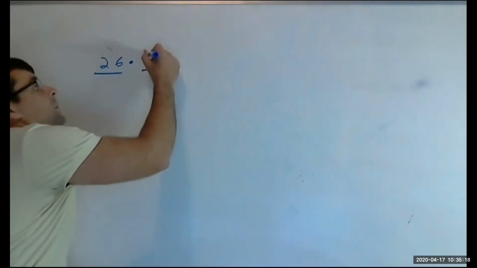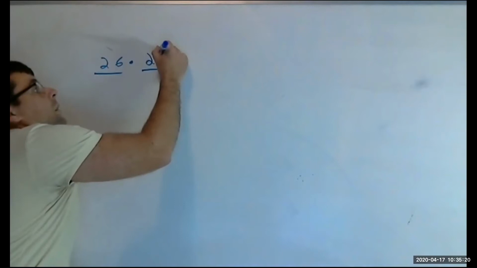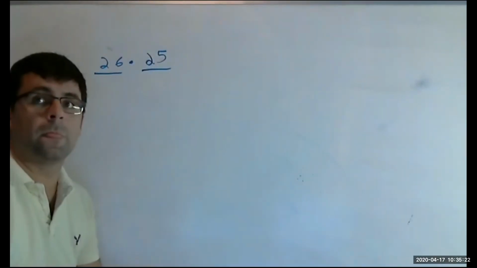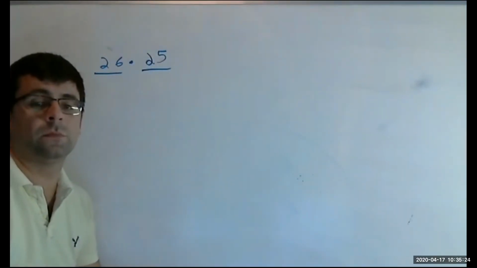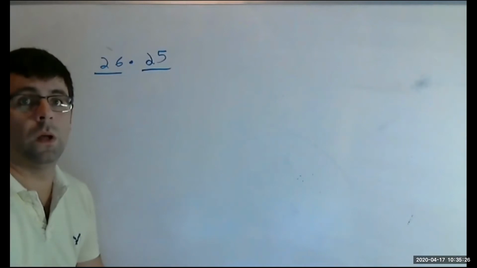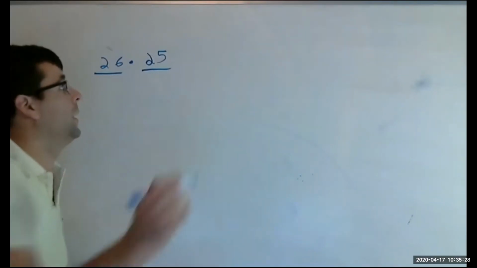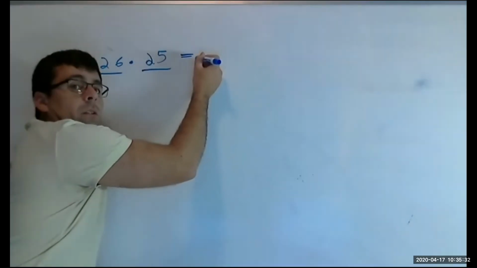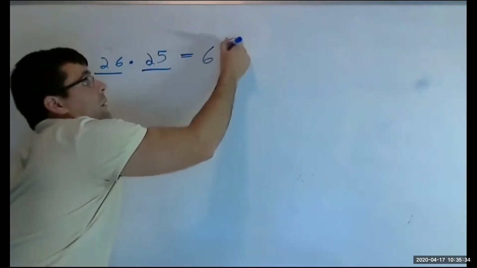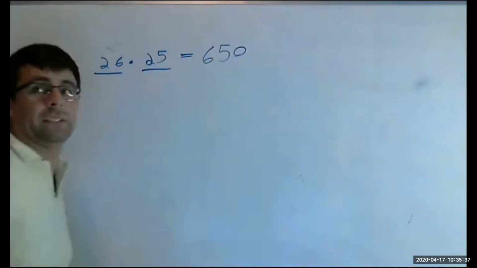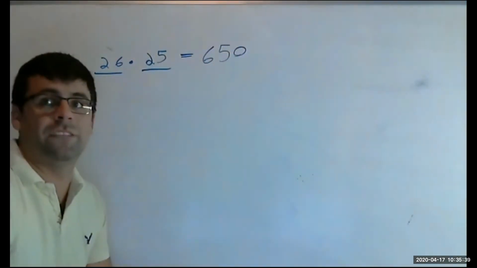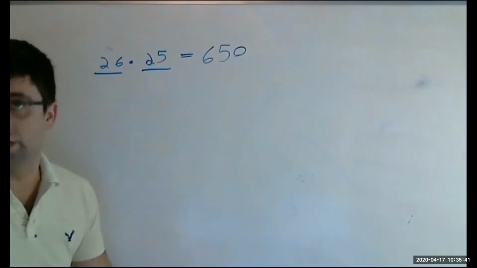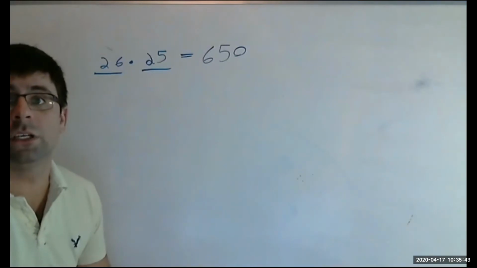So 26 times 25. When you multiply that out, you get 650 different combinations. Okay?